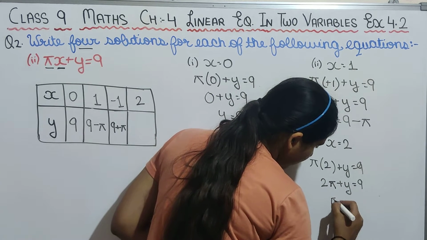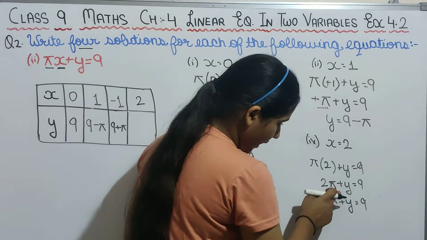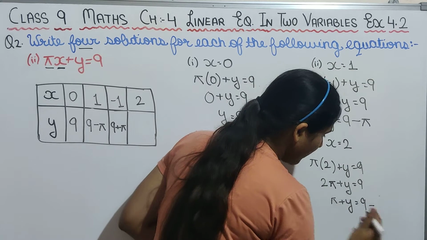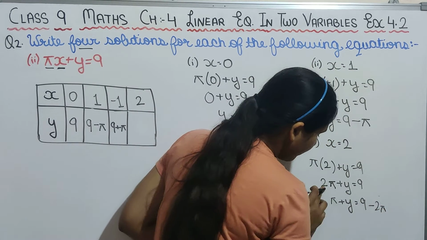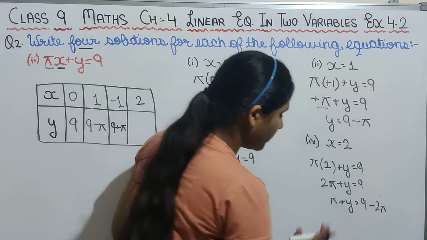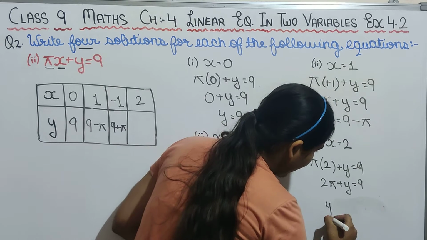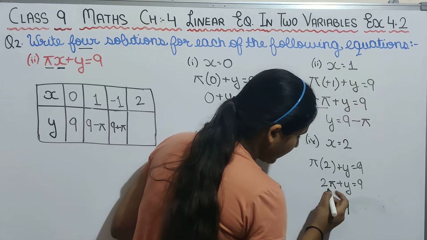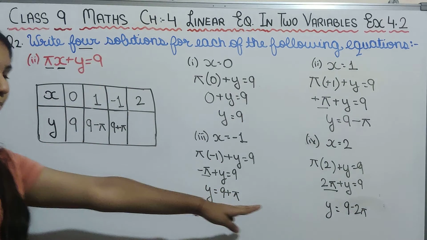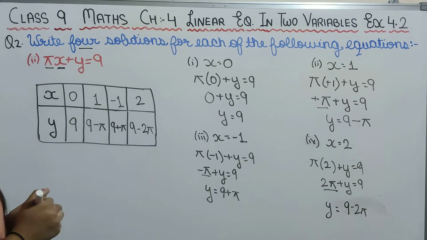The 9 stays as it is, and 2 pi is on the plus side, so it becomes minus 2 pi. So y will be 9 minus 2 pi. We have done the second part.